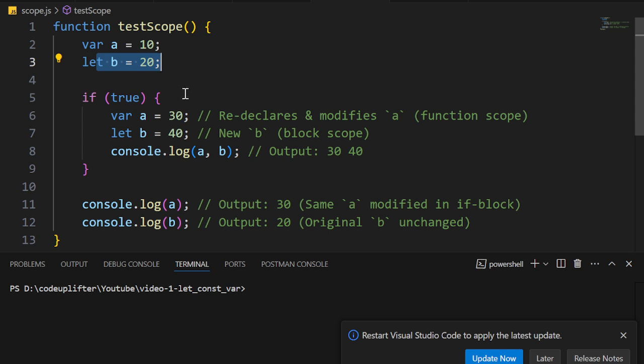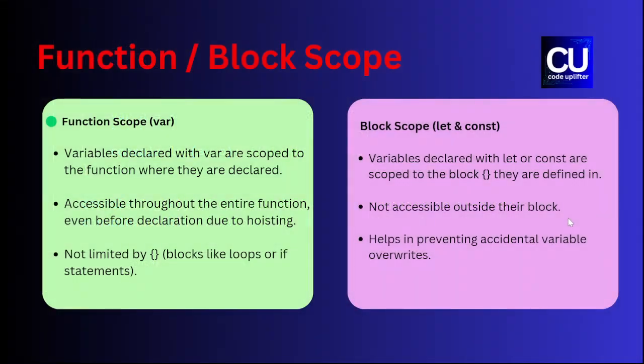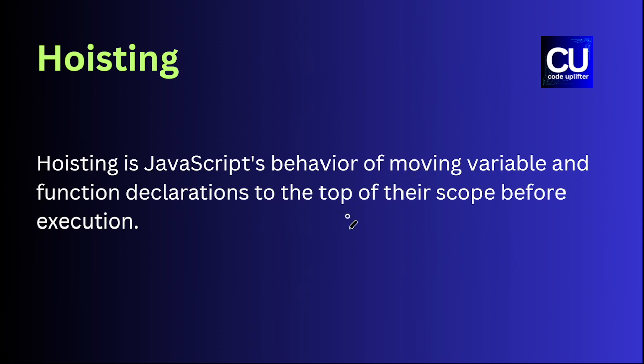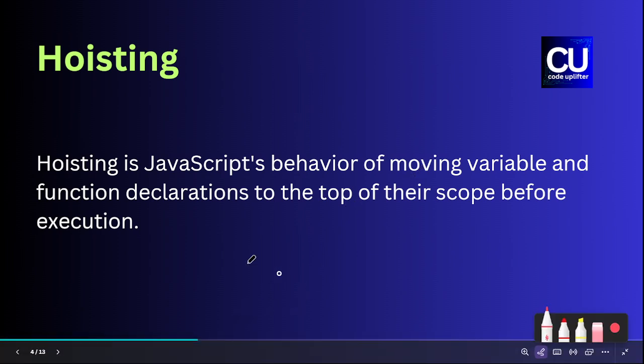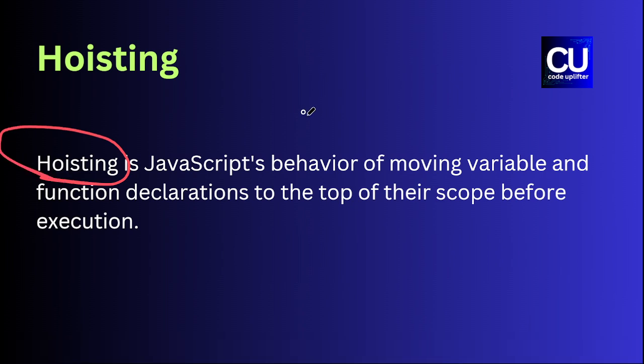Now again going back to the presentation, we'll also try to understand the concept of hoisting. Hoisting in JavaScript is a very common concept and it is always asked in the interview: what is hoisting?